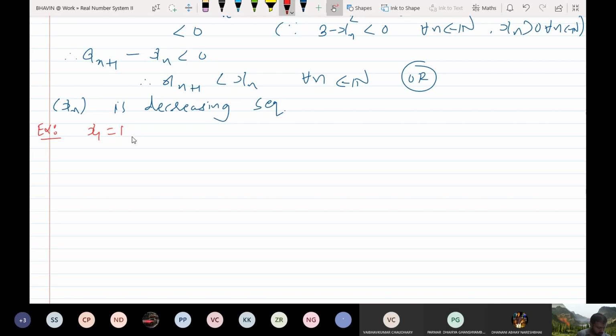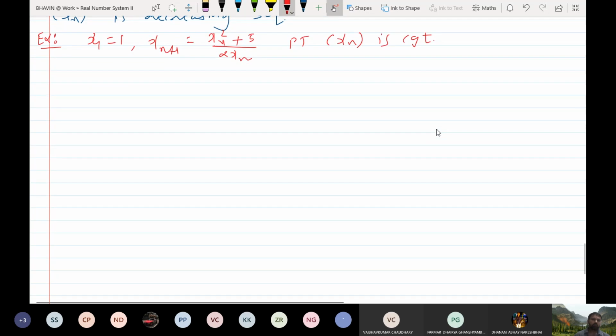x1 is 1 and xn plus 1 is given by (xn square plus 5) upon 2xn. Prove that xn is convergent. So here x1 is 1 and xn plus 1 is equal to this. So now bring 2xn on the left side.